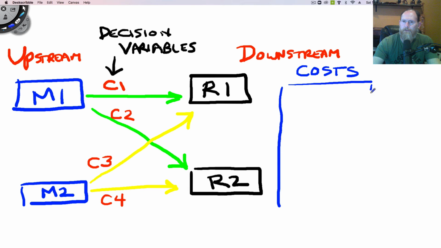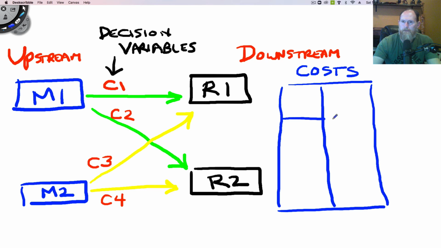So we pull out of the narrative that on channel 1 it costs $1.20 per unit that moves along that channel.